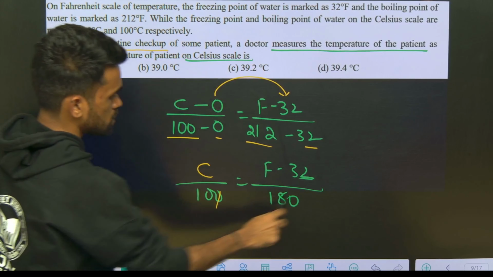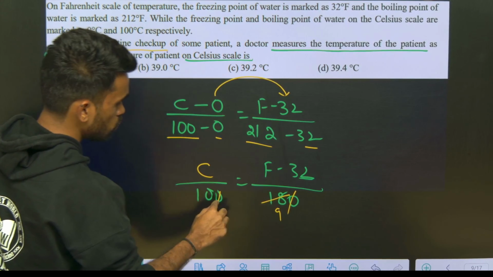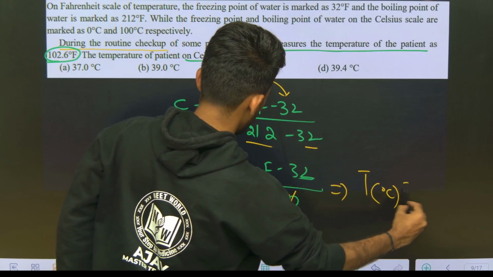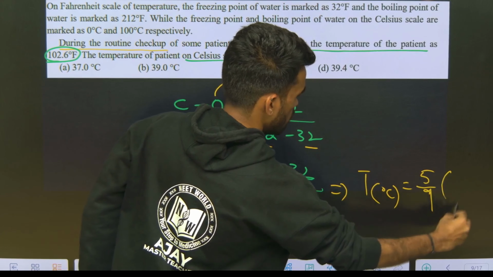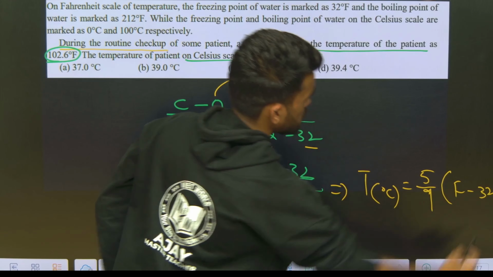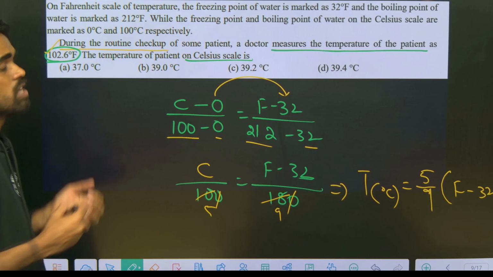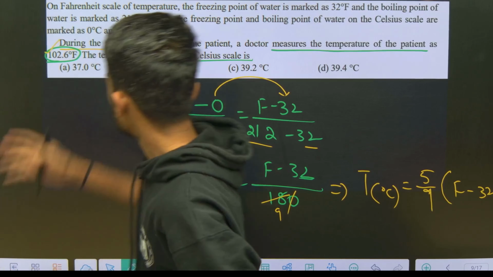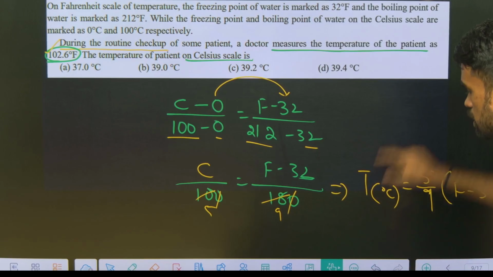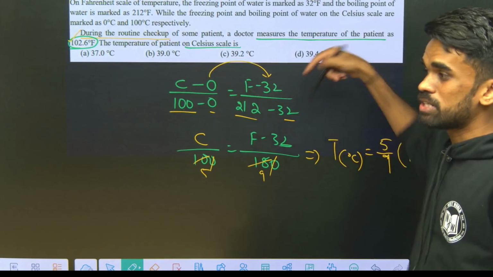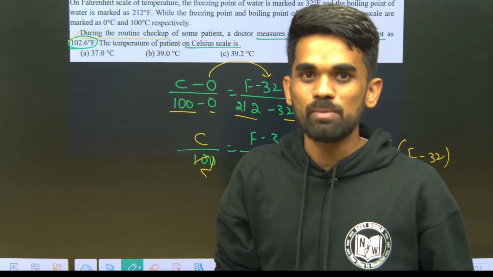Simplifying, temperature on Celsius scale equals 5 by 9 times F minus 32. Just put the F value here. On the Fahrenheit scale it is given as 102.6 degrees. Substitute the value and simplify. You will get one of these options. Try to tell me that option in the comment box. I will be looking into it.